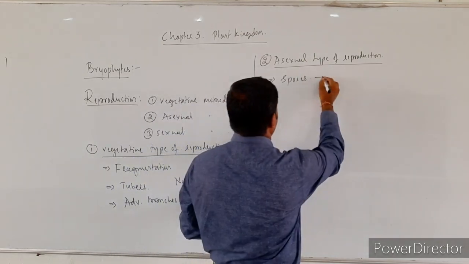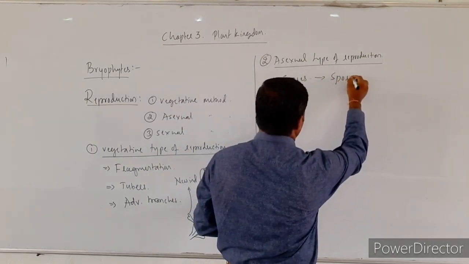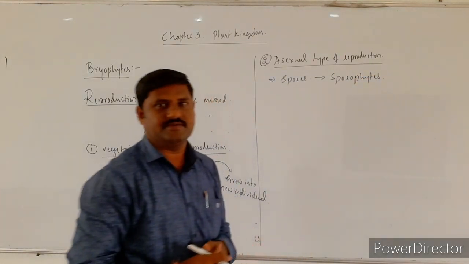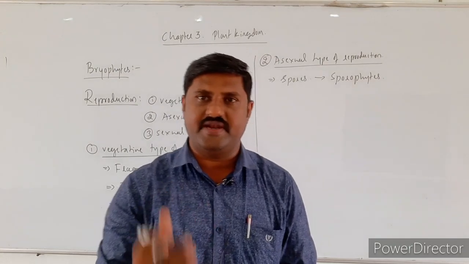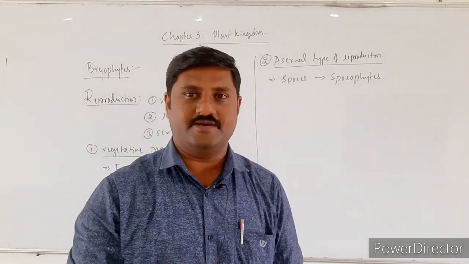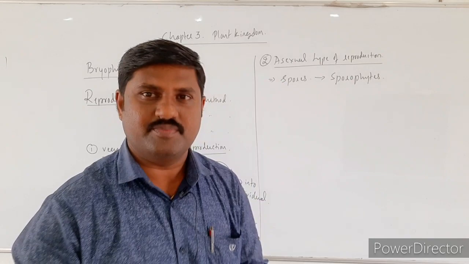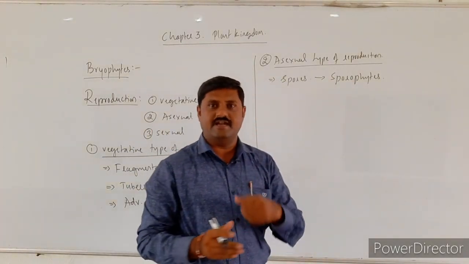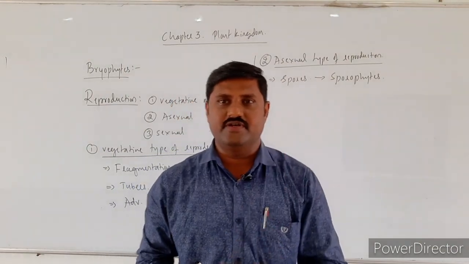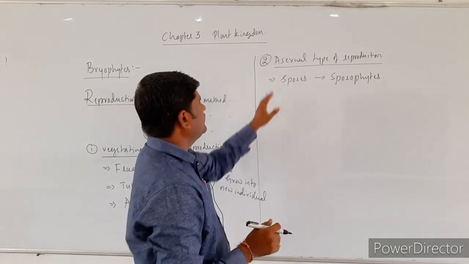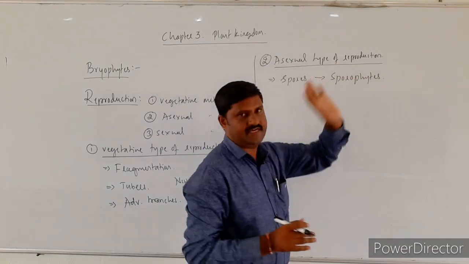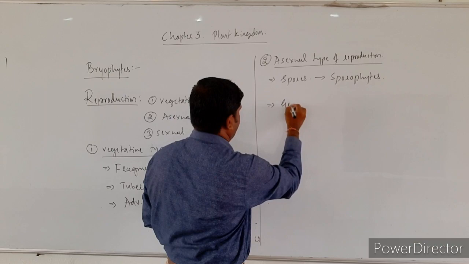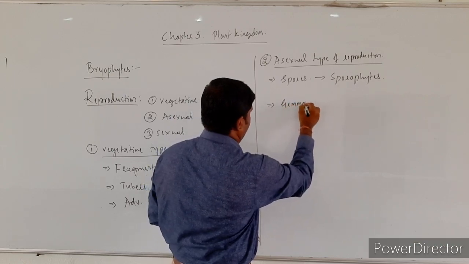Sporophyte is a parasitic plant which depends on the gametophytic plant. I will explain briefly how these sporophytes produce spores and how these spores later grow into new individuals.